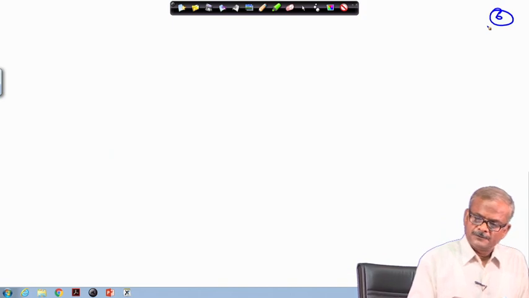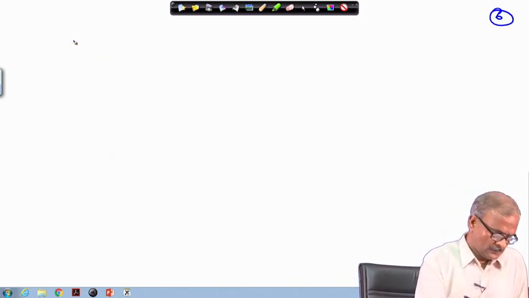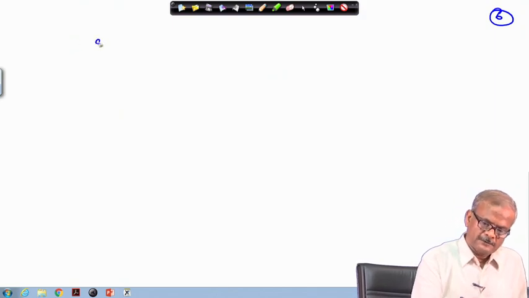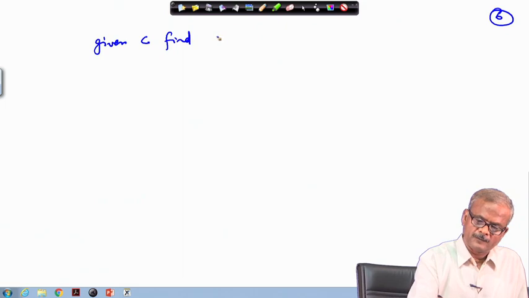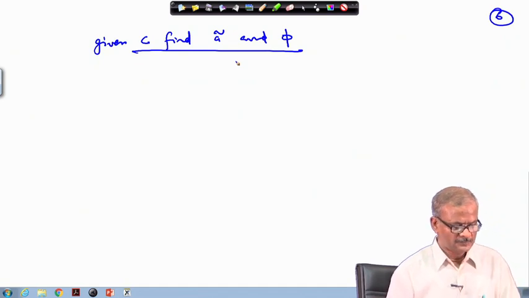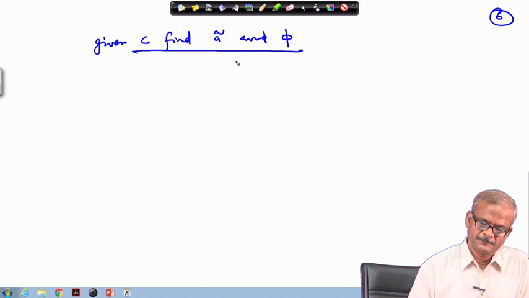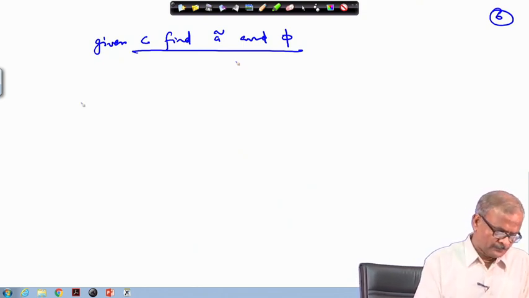Also we need to look into just the opposite way, vice versa, that is, given C, find A tilde and phi. So, this process creates certain problems and care must be taken while working with the problem. Okay.